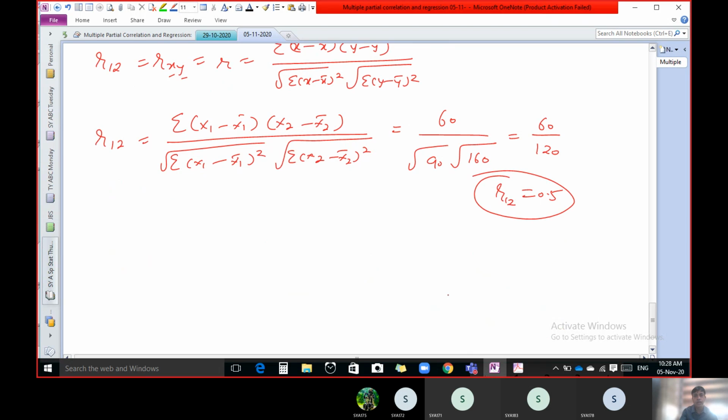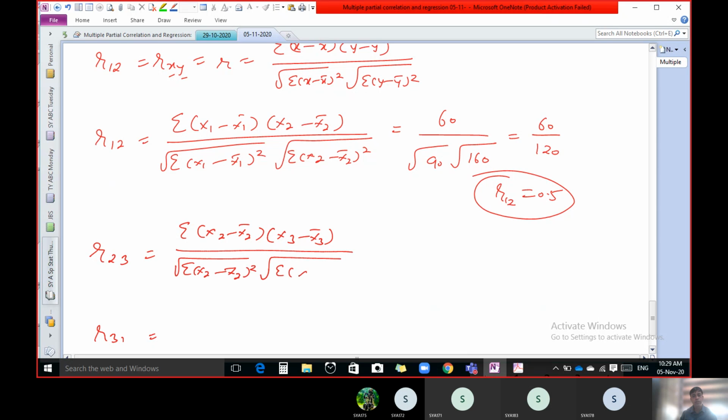Similarly, calculate R23 and R31. What is the formula? Sigma x2 minus x2 bar, x3 minus x3 bar upon root sigma x2 minus x2 bar the whole square, second root sigma x3 minus x3 bar the whole square.